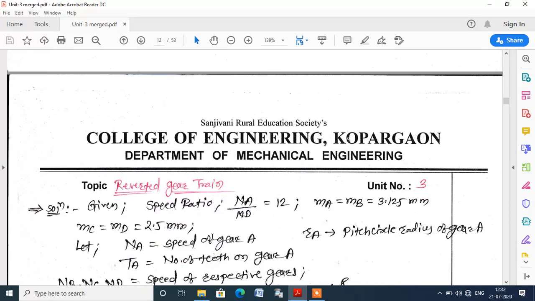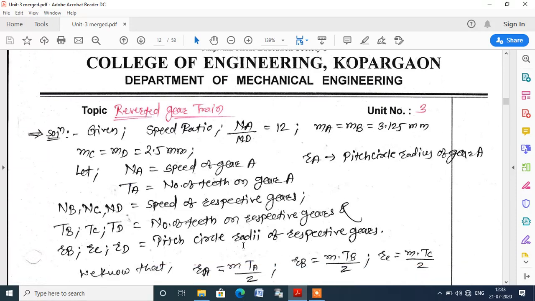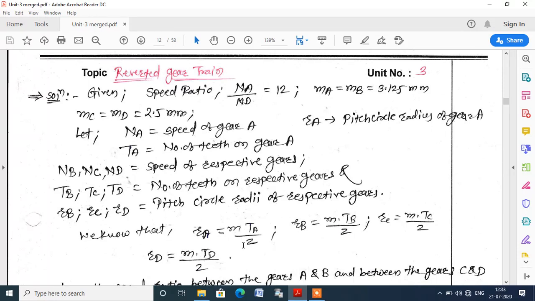So speed ratio is given, Na by Nd, is 12. Module of A and B is 3.125, whereas module of C and D is 2.5. Now let us say Na is the speed of gear A, Ta is the number of teeth on gear A, Ra is the pitch circle radius of gear A. Similarly, Nb, Nc and Nd are the speeds of gears B, C and D respectively.